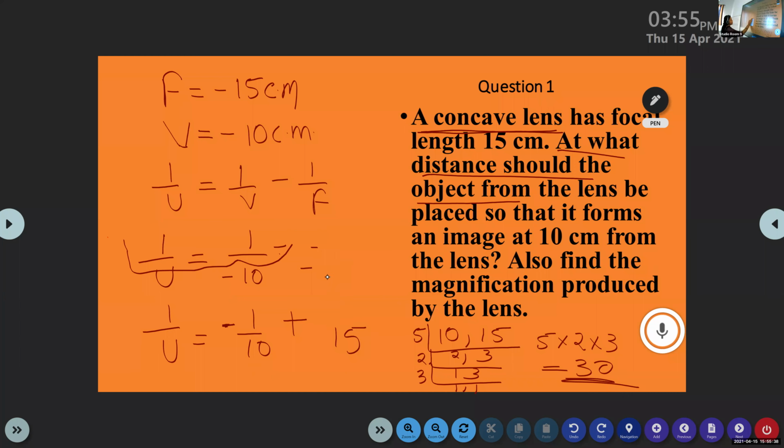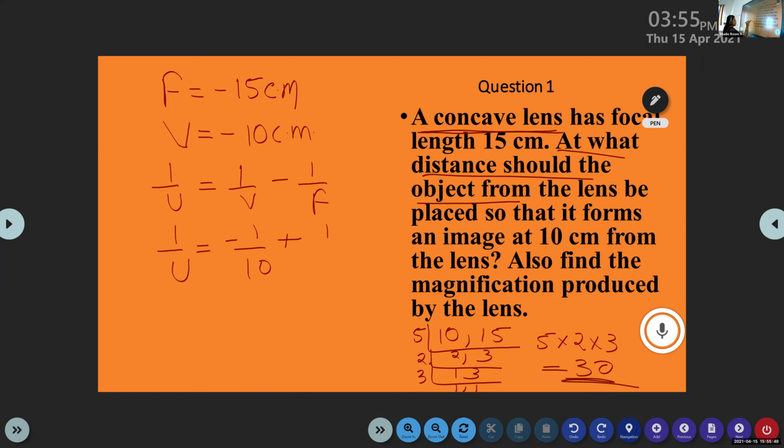So we can make the denominators the same. So it becomes 1 by u is equal to minus 1 by 10 plus 1 by 15. In order to make the denominator 30, we multiply the numerator and denominator by 3 and 2 respectively. So it becomes minus 1 into 3 divided by 10 into 3 plus 1 into 2 divided by 15 into 2.